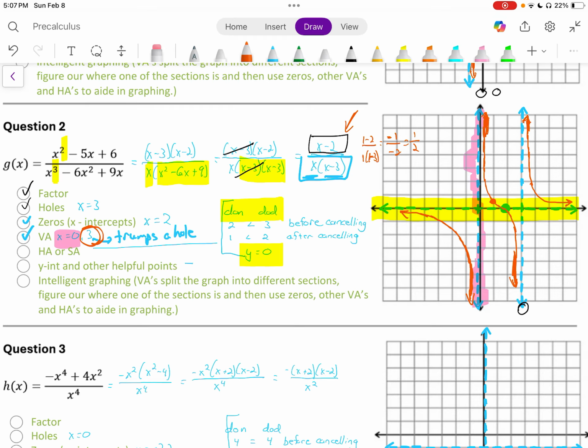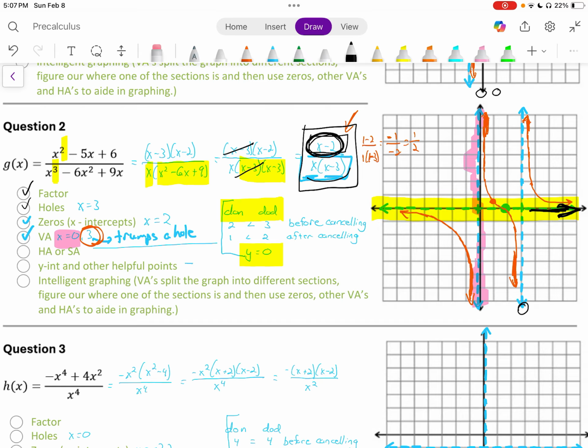One other option we could have done is think about a really big number way down this way on the x-axis. Let's just say 100. If I plugged 100 into here, I would get a positive number. 100 minus 2 is 98. I don't really care much about the 98, I care that it's positive.